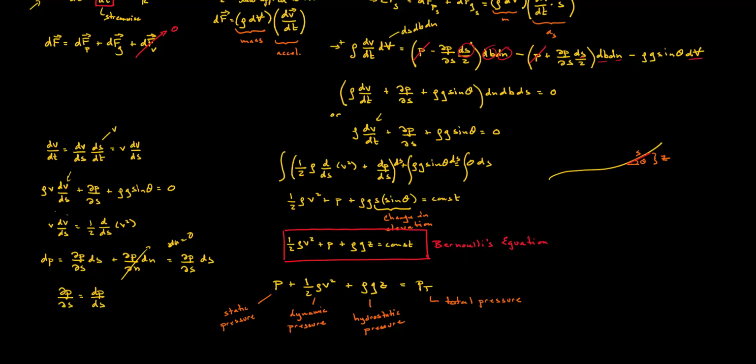So what Bernoulli's equation tells us is that the total pressure remains constant along a streamline of an incompressible inviscid flow.